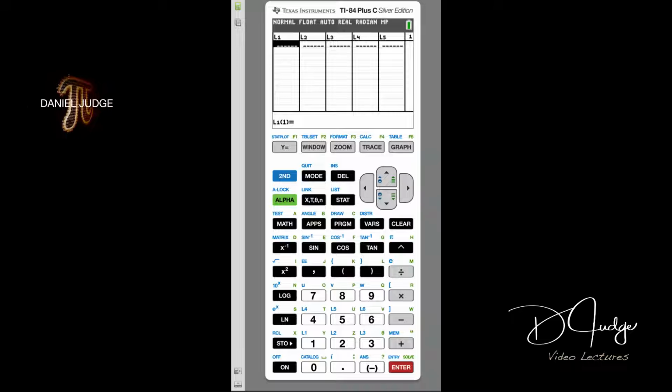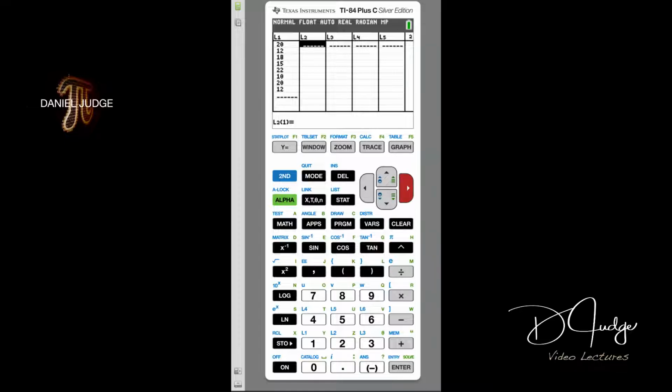So the first X value is 20, enter. 12, enter. 18, enter. 15, enter. 22, enter. 10, enter. 20, enter. And 12, enter. These are all the values in my first list.